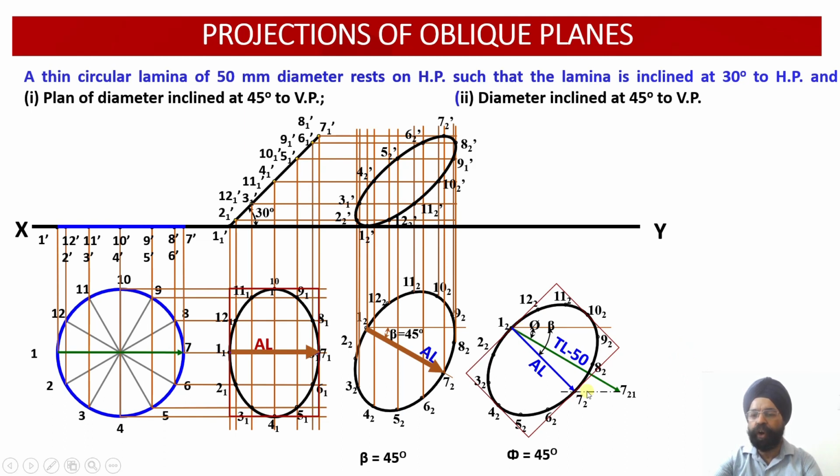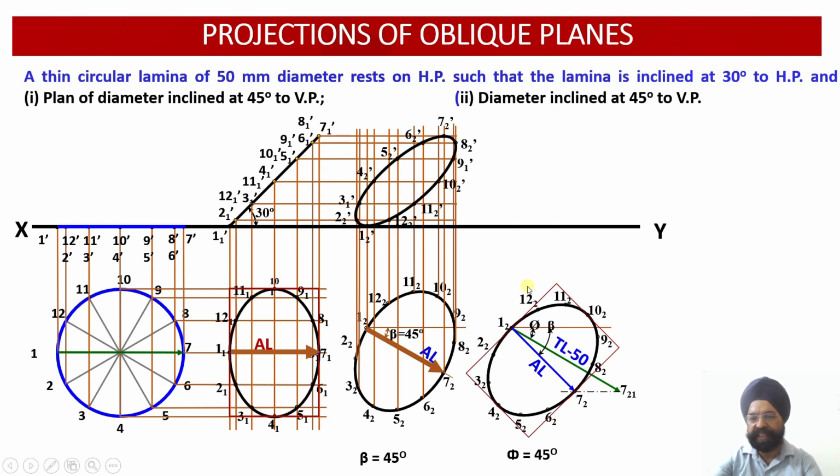So only the angle of inclination has changed. Having located this angle of inclination as 51 degrees, that is beta, the same figure as obtained in case number 4 will be rotated or translated, not with respect to this true length but with respect to this apparent length. So I have translated this figure.